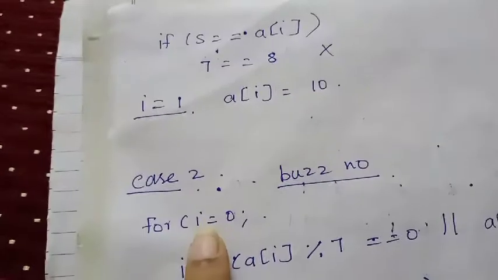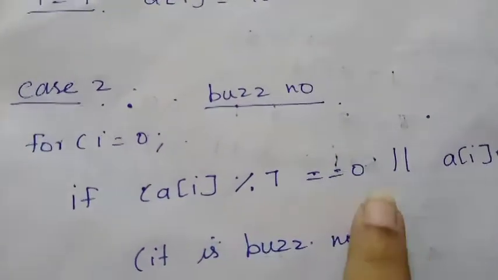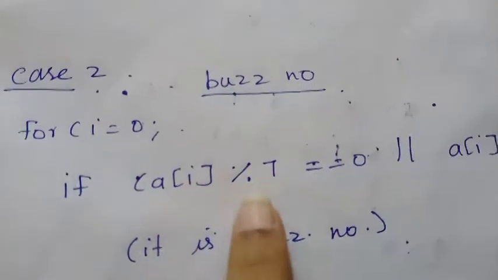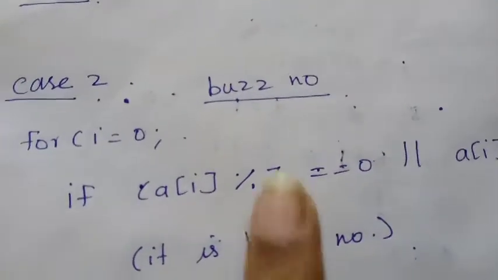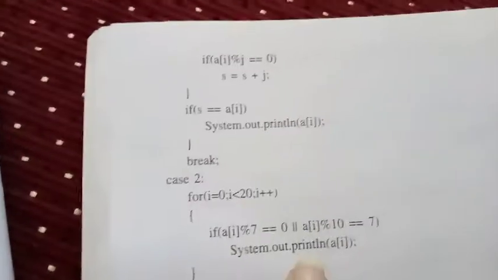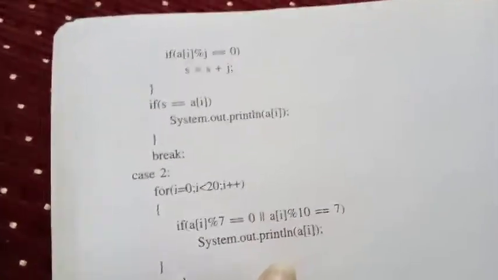For the third iteration, i will be 2. So a of 2 mod 7 is equal to 0. That is, 14 mod 7 is surely equal to 0 because 14 is divisible by 7. So it will enter the loop and System.out.println, that number will be displayed as your bus number.